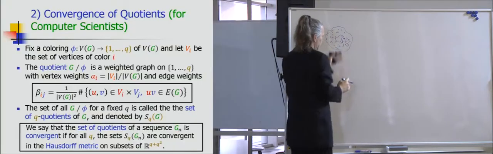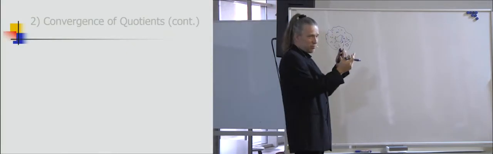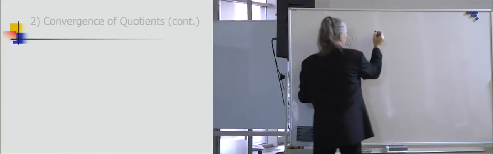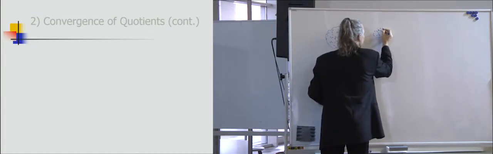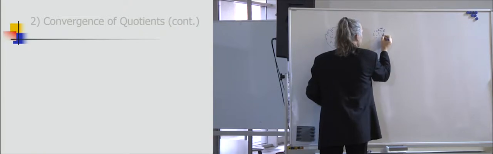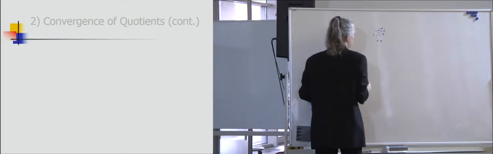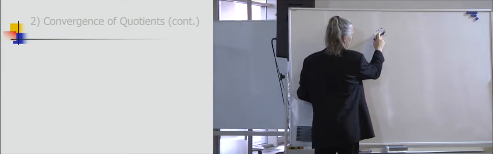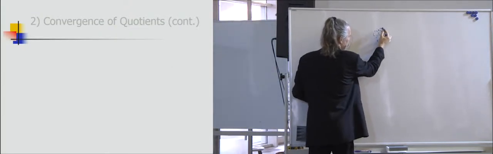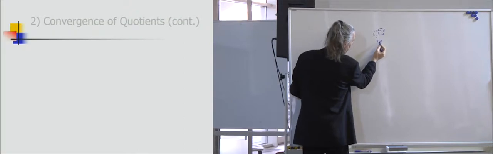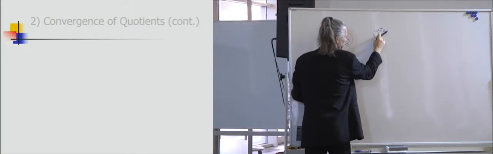And you can even say I have two discrete sets, a set of blue points and a set of green points. For example, these are far apart in the Hausdorff metric because this point doesn't have any point nearby. Each of these blue points has one in the other set nearby, but this one doesn't have one near.